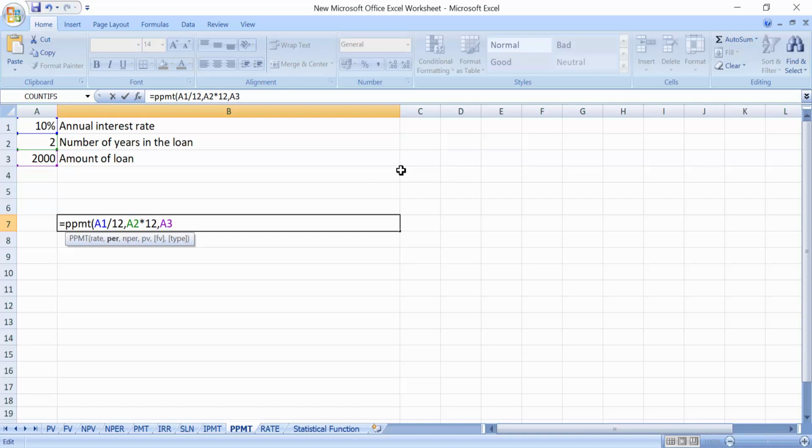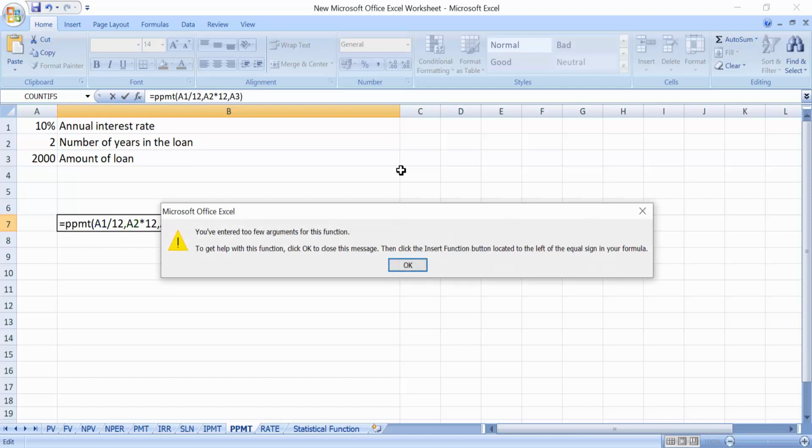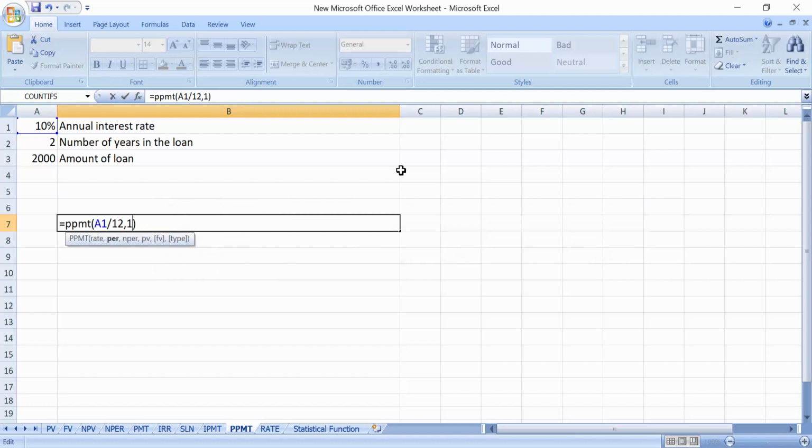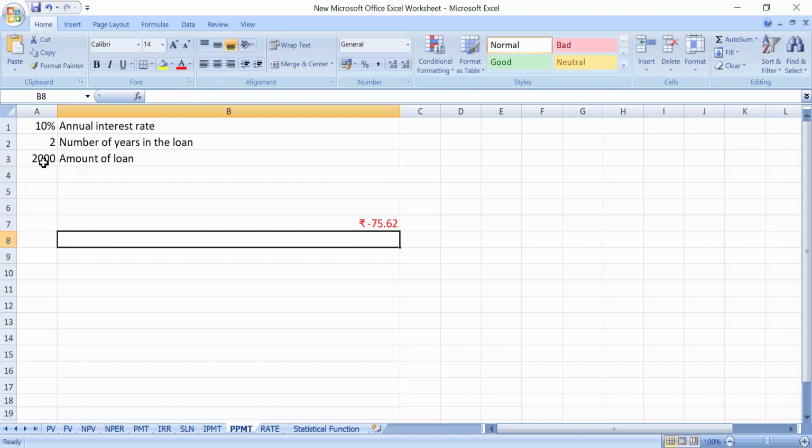Why? Because to get the number of payments, right, that is paid out, जो पेमेंट है वो हमें फाइंड करना है. So wait a minute. 1 for example, then 2 to 12, then okay. So -75, that is payment on principal for the first month of loan is -75.